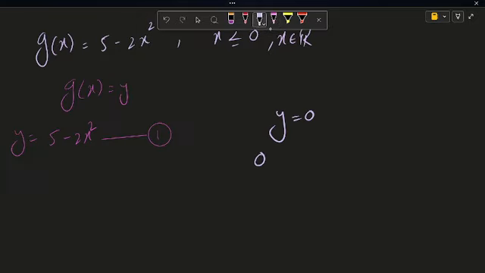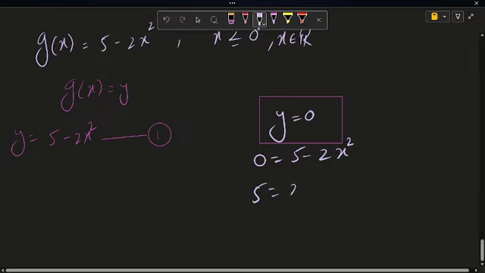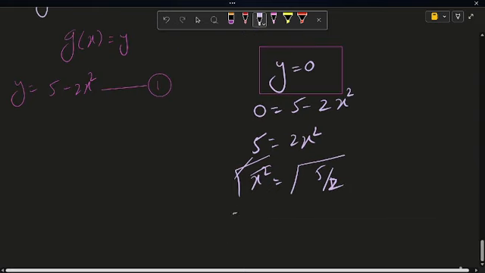That gives me 0 equals 5 minus 2x squared, so 5 equals 2x squared, and x squared equals 5 by 2, and that gives x equals plus minus square root of 5 by 2.